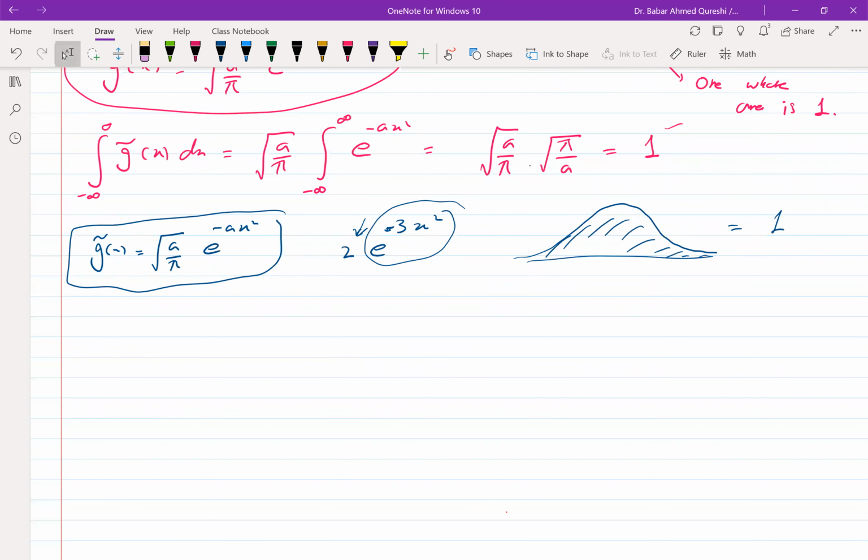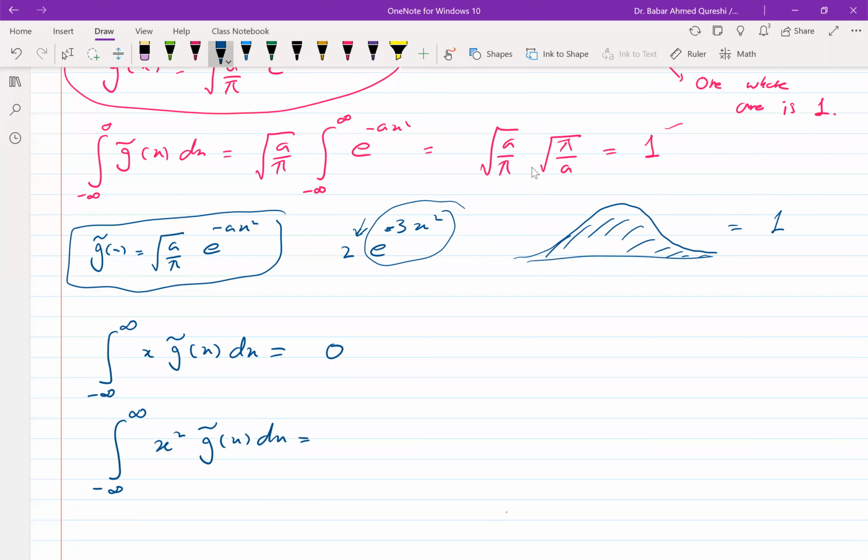Also, the other integrals, let me write how they are changed. I'm going to repeat the integration concept many times, so don't worry. This integral is still 0, and this integral, what happens? I have just multiplied by a constant.